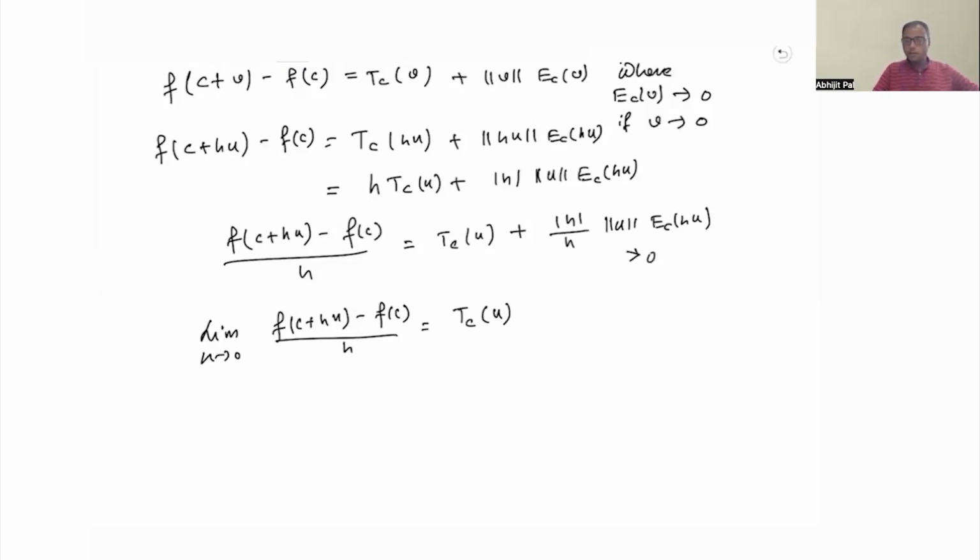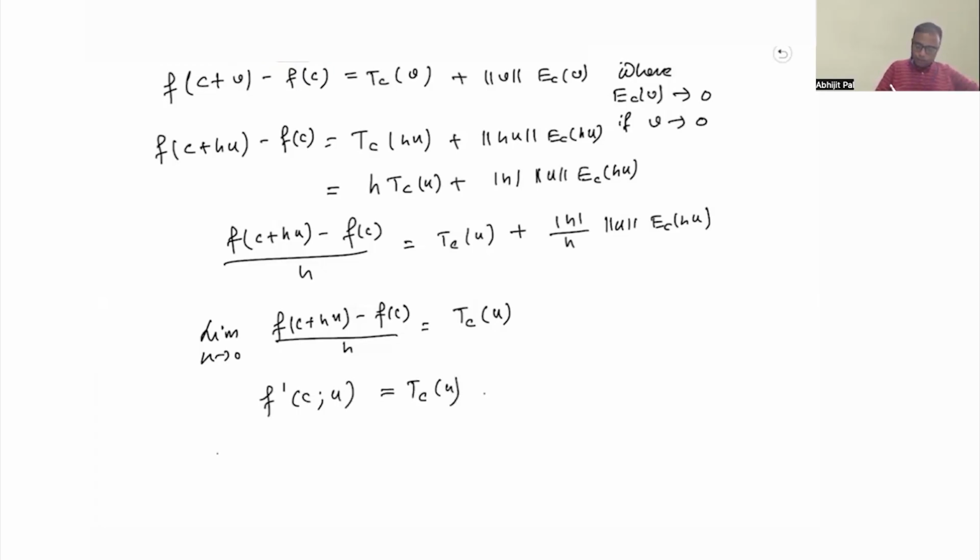So mod of h by h will be plus minus 1. And you note that this error term goes to 0 as b tends to 0, meaning if I take h tends to 0, b will tend to 0. So this means that the error term will tend to 0. Therefore this limit will be equal to this linear function TC u, and the left hand side is nothing but the directional derivative of f at c with respect to the direction u. Okay, so we have this relation here.